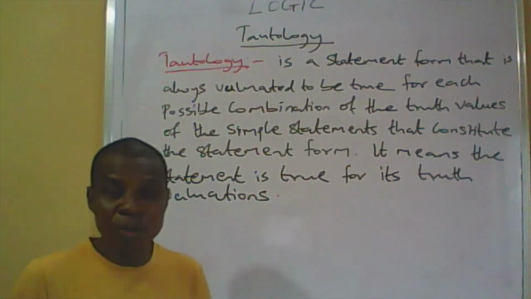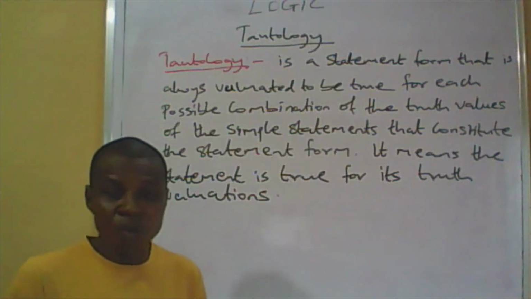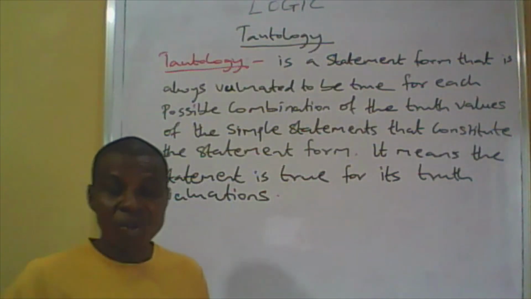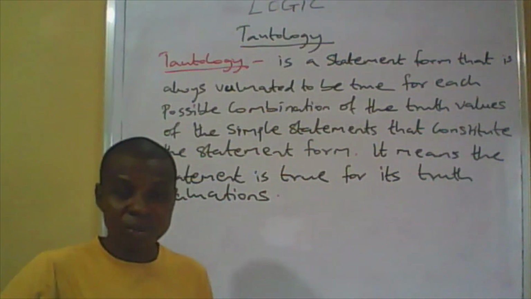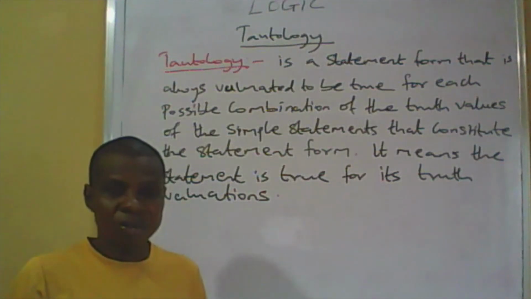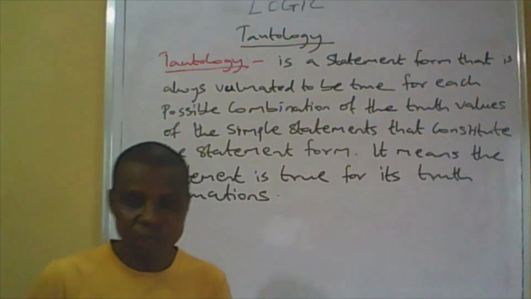That means anyhow you combine the values of simple statements, it will be valuated to be true. That's what we call tautology. All the whole truth valuations will be true, so there will be nothing like false, always true.